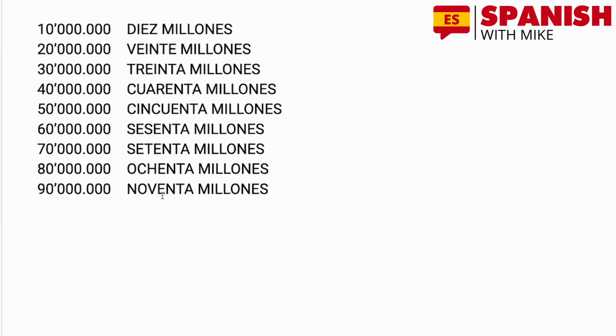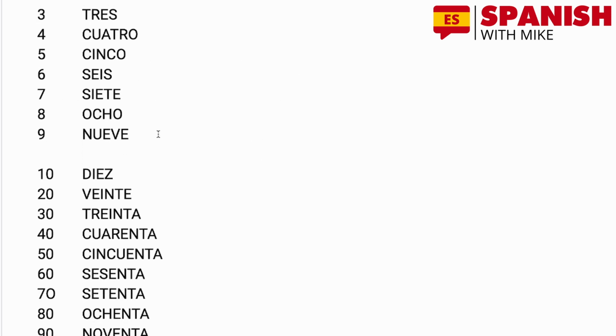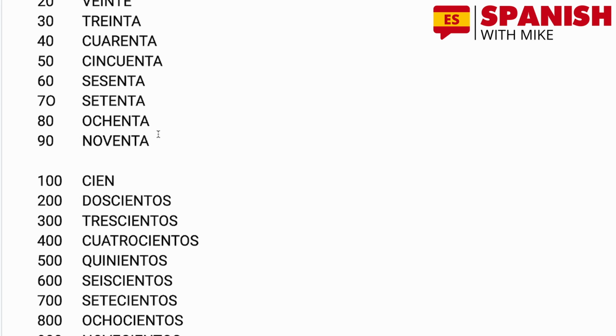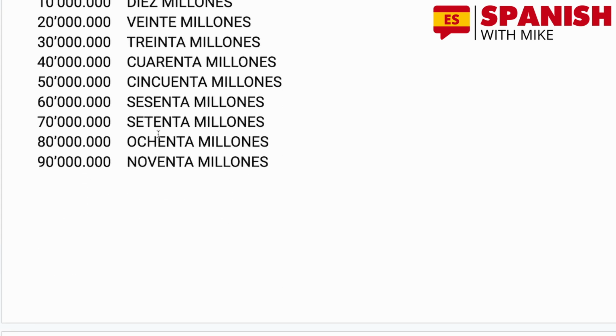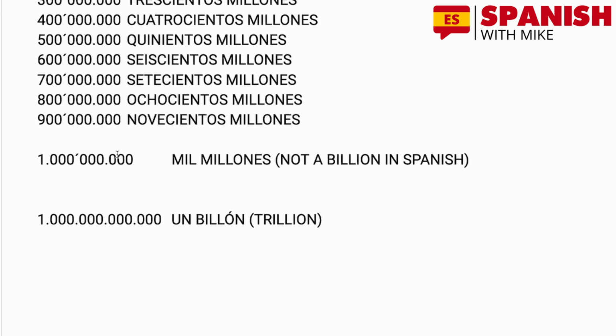Do your own exercises, writing down numbers with the numerals and then trying to say the right number in Spanish. So these are the cardinal numbers in Spanish, and now you should be in position of counting up to a billion in English, of course.